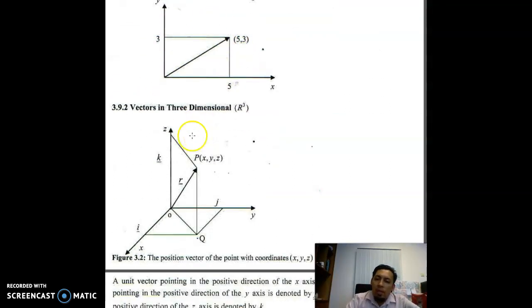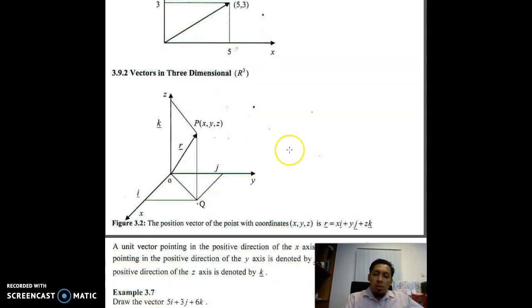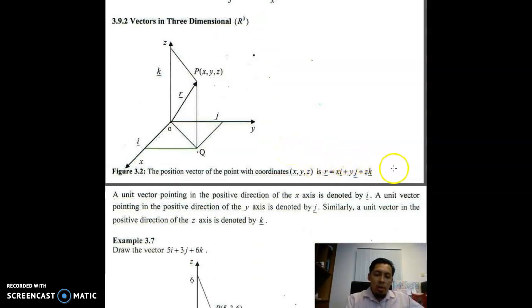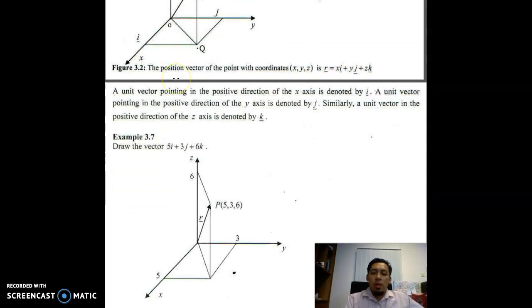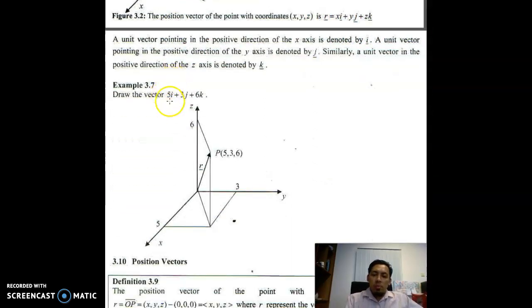And next we have vector in 3 dimension where you have x, y and z. Okay, so this is how you write it down. You have the value of x, y and z. Okay, let's look at the example. Let us try to see it through our actual graph.